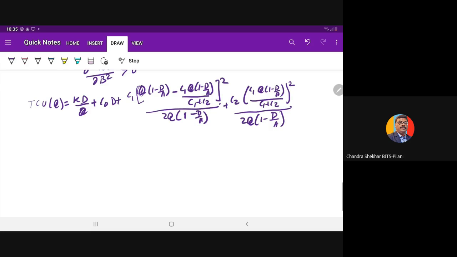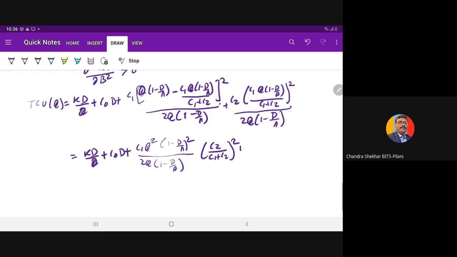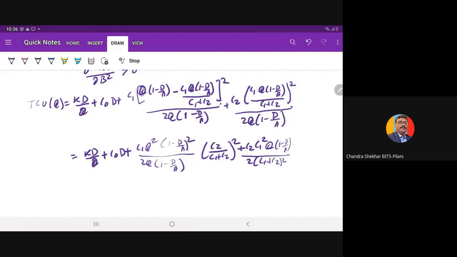So this will give you KD upon Q plus C naught D plus C1 square Q square (1 minus D upon A) whole square upon 2Q(1 minus D upon A) into C2 upon (C1 plus C2) whole square, plus C2 into C1 square Q into (1 minus D upon A) upon 2 into (C1 plus C2) whole square.